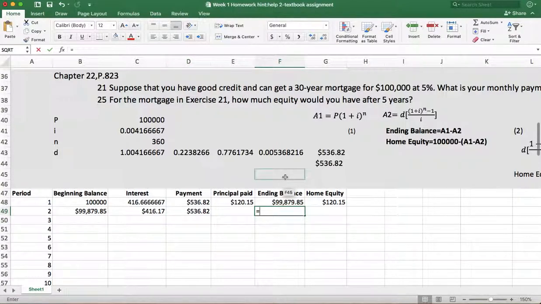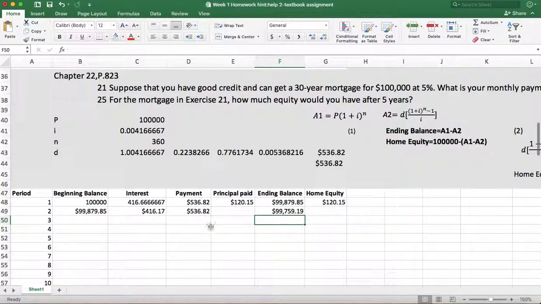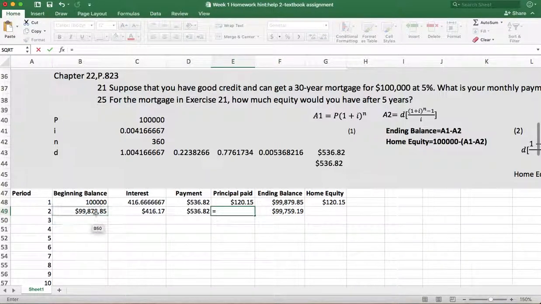Ending balance is beginning balance plus interest minus payment. Principal paid is beginning balance minus ending balance.